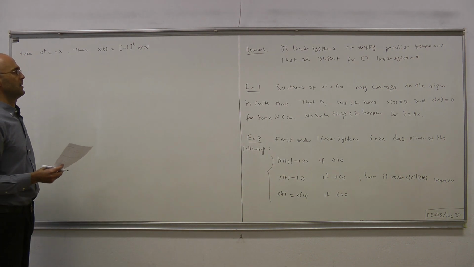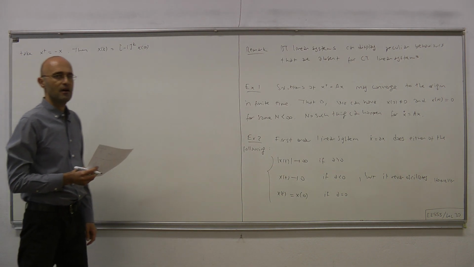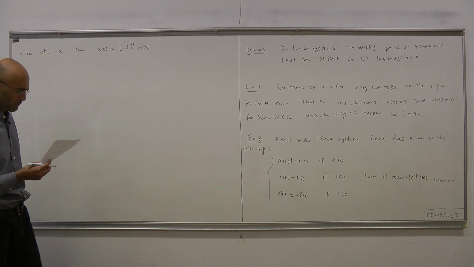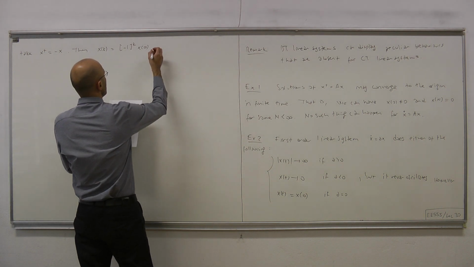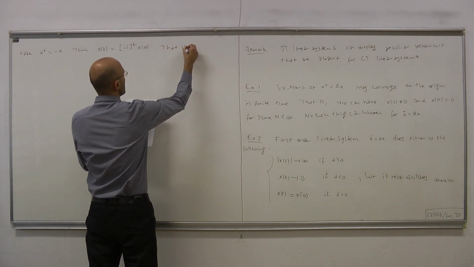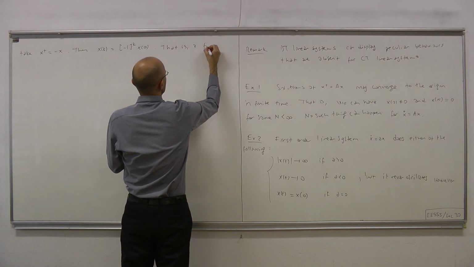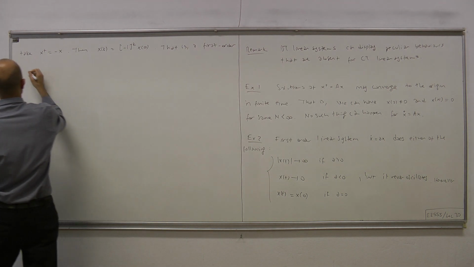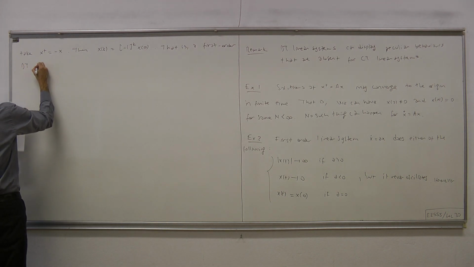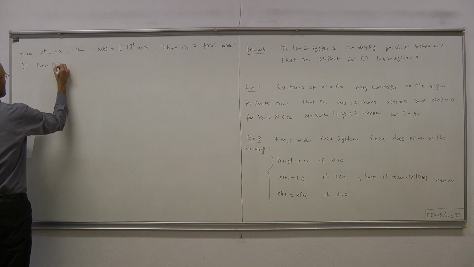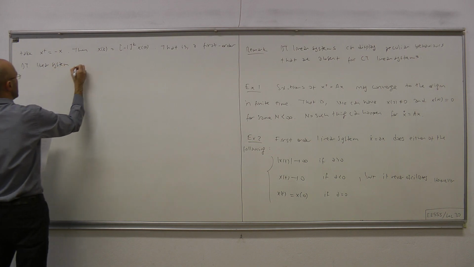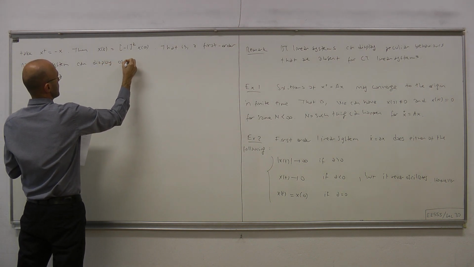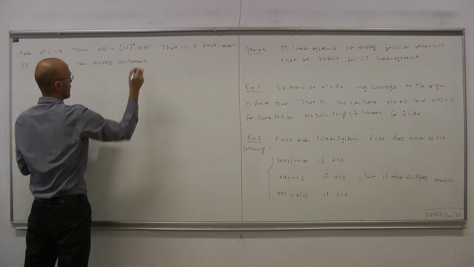So there are certain differences between the discrete time case and the continuous time case, which are good to keep in mind. That is, a first order discrete time linear system can display oscillations.